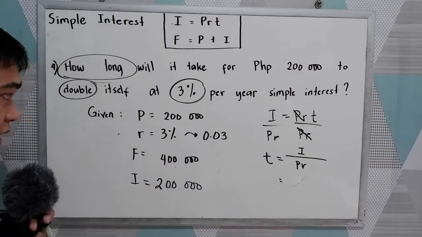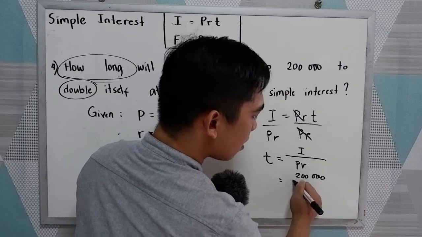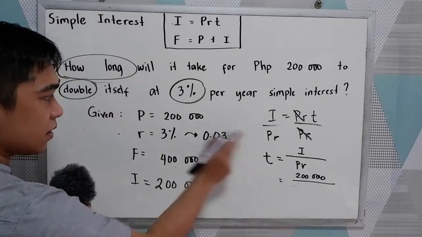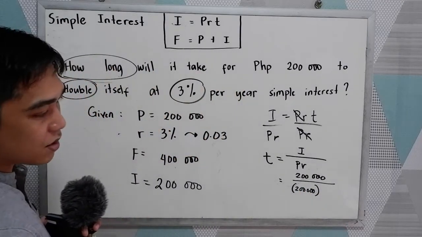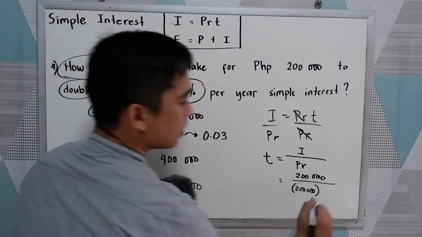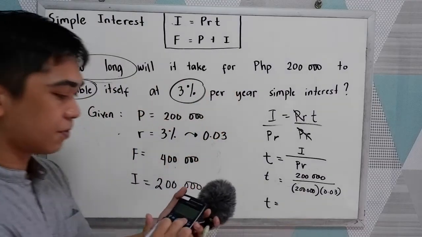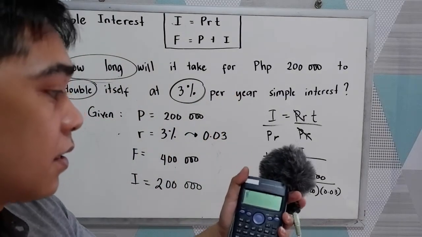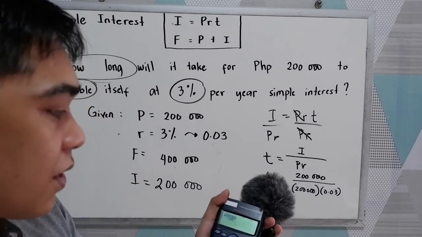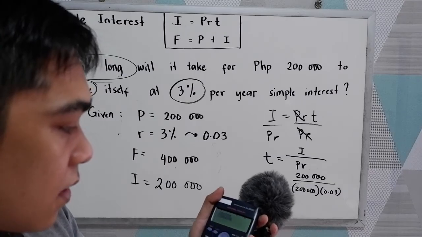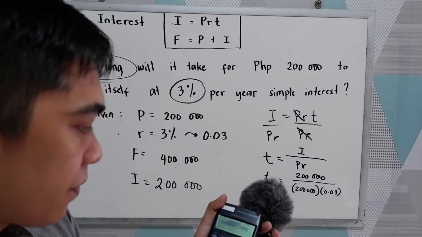So, substitute the given. Interest is 200,000, all over P, which is 200,000, times R, 0.03. So T is, use your calculator to find the final answer: 200,000 over, open parenthesis, 200,000, open parenthesis, 0.03.